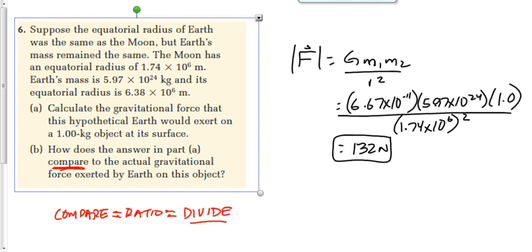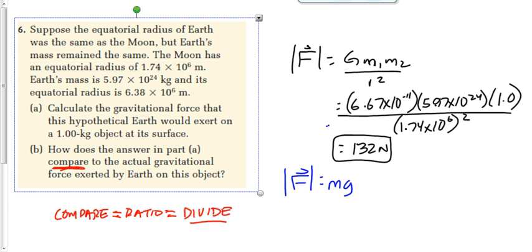We want to compare this number to the actual gravitational force exerted by the Earth on this object. Let's divide them. Now, there's a couple of ways we can find the force of gravity on the surface of the Earth. We got this one if the radius of the Earth was different. But if the radius of the Earth is what Earth actually has, then we could say F is equal to Gm1m2 over r squared with the actual Earth numbers. Or this time we could actually say F is equal to m times g, right?